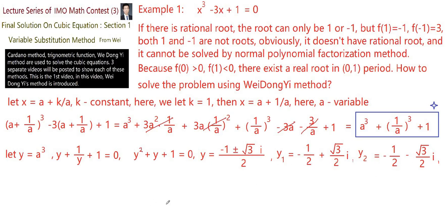We get two complex numbers. Before we go further into the details of solving this problem, people may ask, how do you know k is equal to 1? Suppose this is not minus 3, but minus 4, and this is 6. How do you use this method?